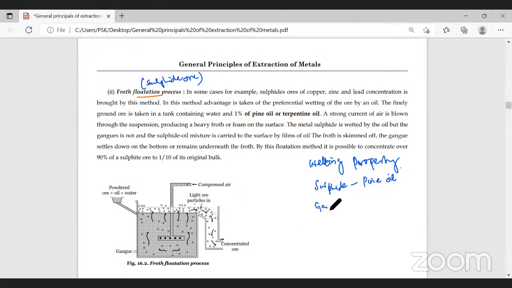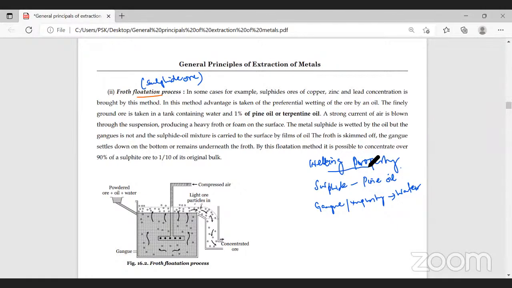But the gangue particles or the impurities, mud particle, clay particle, they will be wetted by water. You know that, at least when it rains, what happens to the mud or the clay? It becomes like a paste, it gets wet. So this is the principle involved in concentrating sulfide ores. And the name of that process is called as froth flotation.